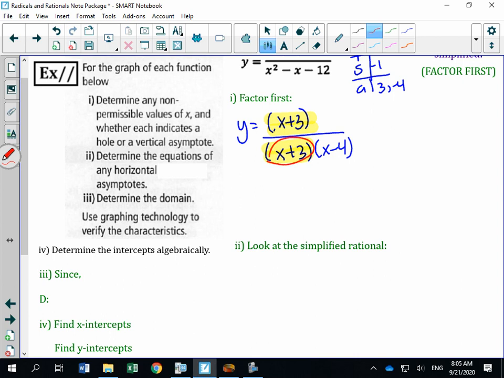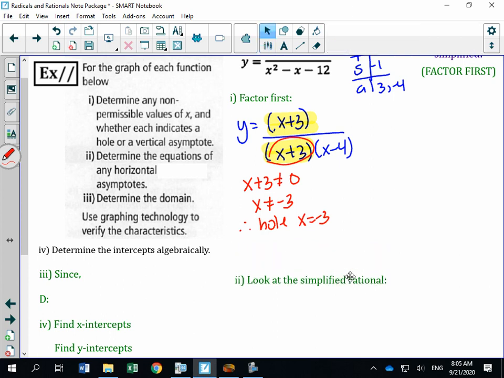Okay, so x plus 3 cannot be equal to 0. X cannot be equal to -3. Therefore, there's a hole at x is equal to -3. So the point of my hole, which I'll find in a minute, it's going to be -3, comma, I have to figure out that y value. Okay, so that's going to be the point of the hole.